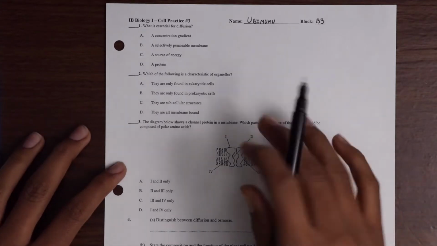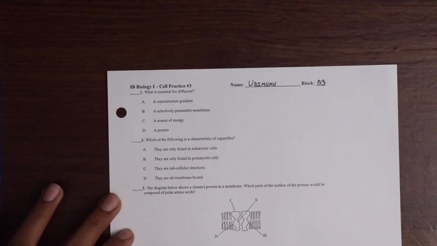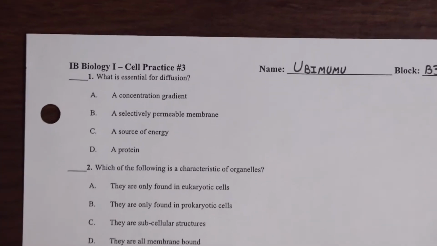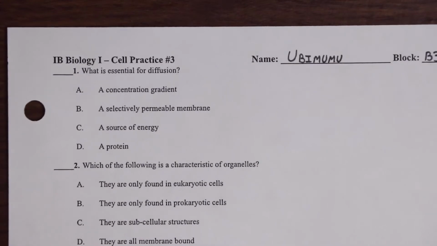Question number 1 states, what is essential for diffusion? Just like in the ATT and a lot of other tests that you're going to take, the process of elimination is really helpful. If you don't know what the answer is, which happens to me a lot of the time, I just look at the other answers, and then I know, oh, that answer doesn't make sense, or I know that isn't correct.